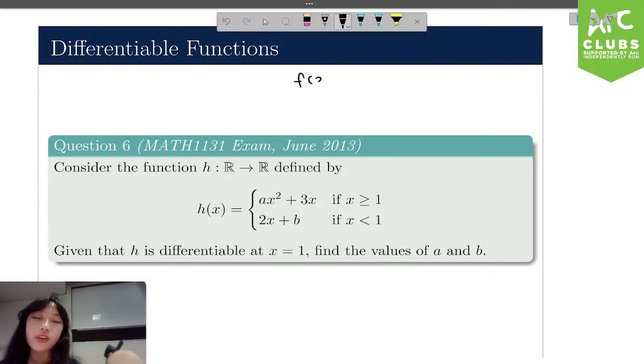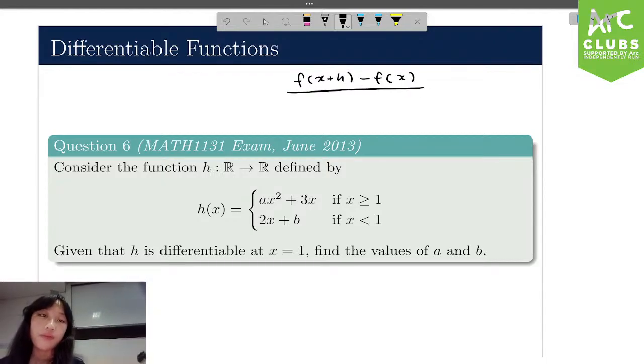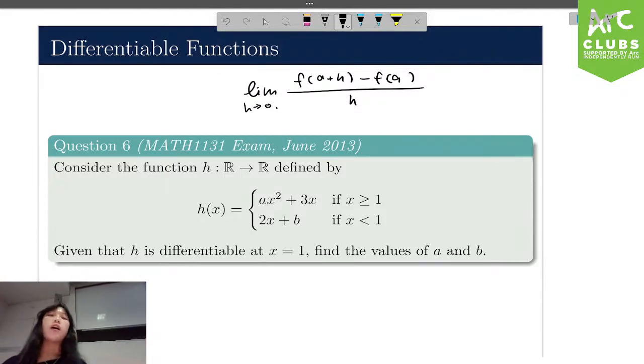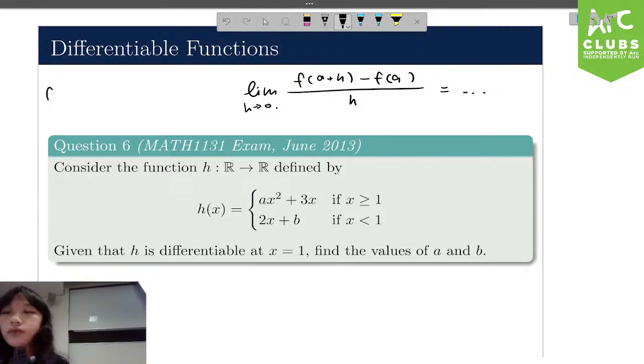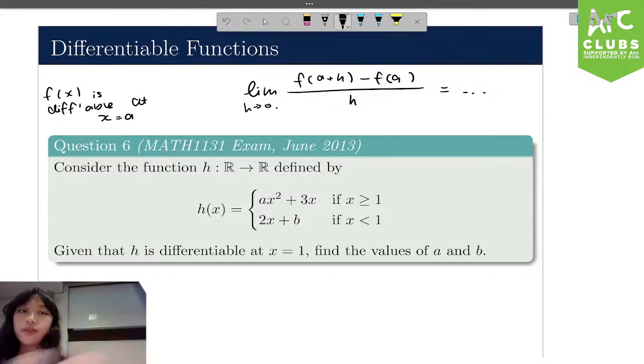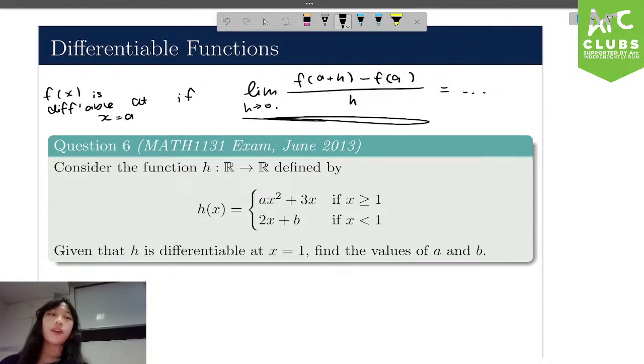We have this thing which is called the difference quotient, which looks a bit like this. I might replace this with a. As we take the limit as h approaches 0, if this is an existing value, then we say that f of x is differentiable, or diffable, at x equals a, if this thing exists.